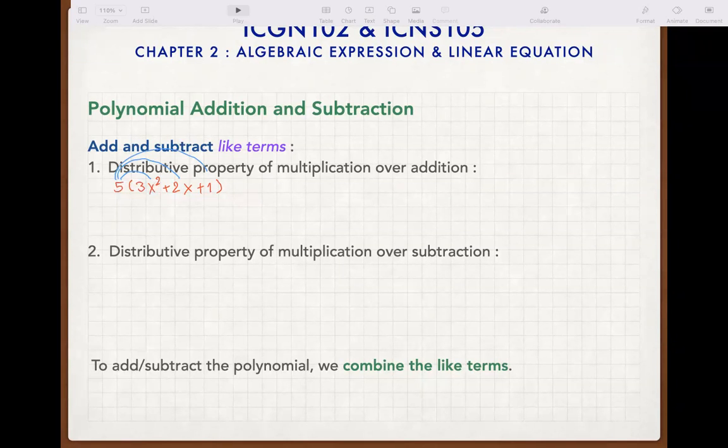Then you get 5 times 3x squared, you get 15x squared plus 10x plus 5, as a distributive property.